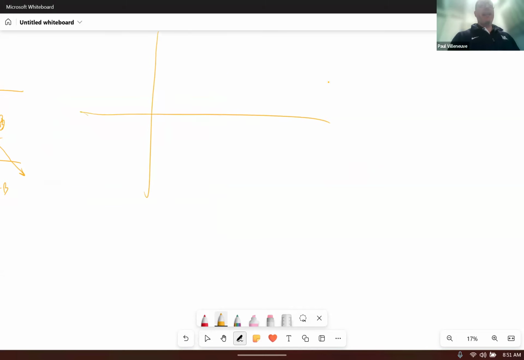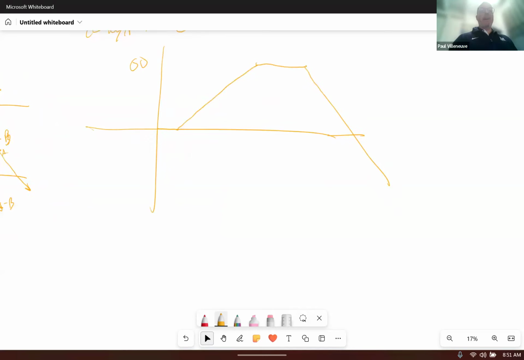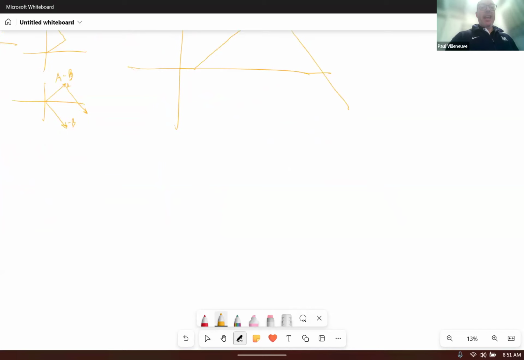So if I have a plot that does this, and let's say this is, I don't know, let's say it's 60 dB. That's my magnitude, right? This is in dB. And I have an angle plot.